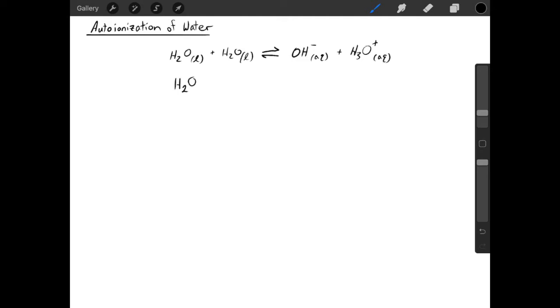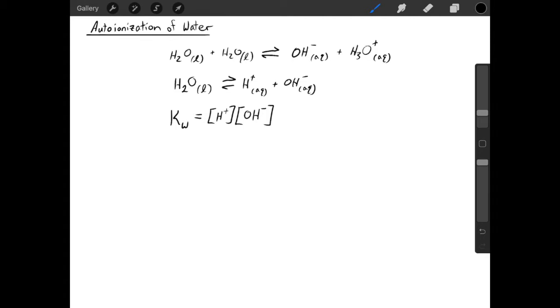But we often simplify this kind of reaction a little bit. And we can write an equilibrium expression for this second reaction. Remember that because water is a liquid, it doesn't show up in the equilibrium expression.